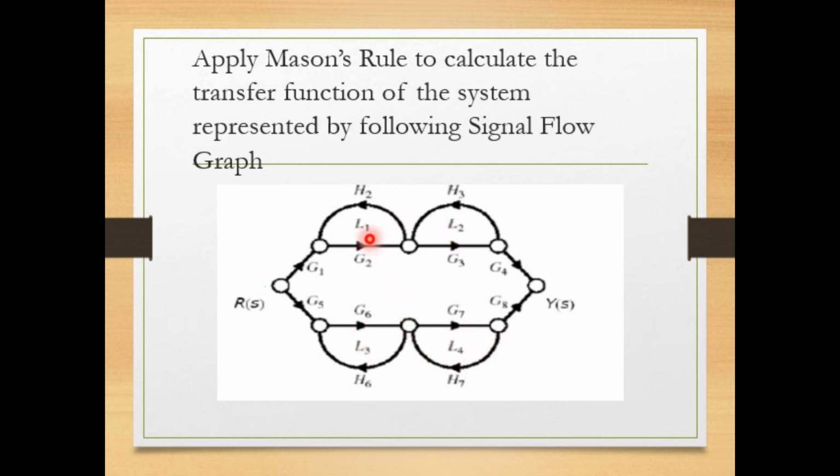If you observe, the first loop and fourth loop are non-touching. First loop and third loop are also non-touching. Similarly, L2 and L3 are non-touching. L2 and L4 are also non-touching loops. So these are the loops. We'll write the forward paths, and we will write the feedback paths as well.